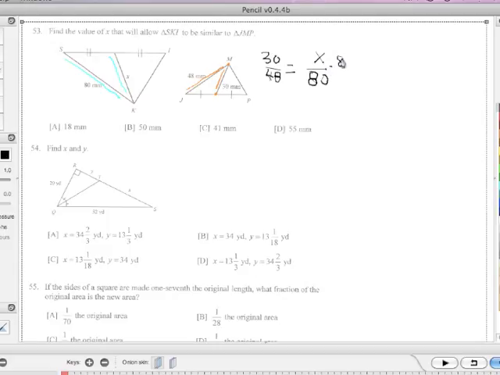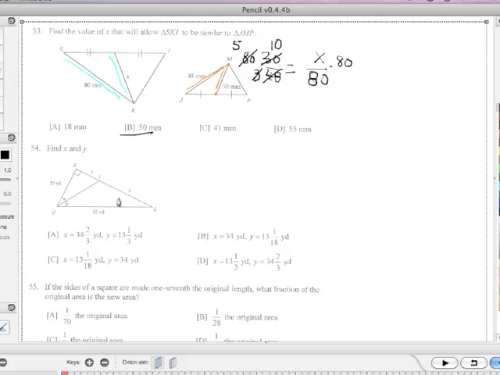Multiply both sides by 80, and we can cancel some things. 80 is divisible by 16, gives us 5. 48 is divisible by 16, gives us 3. 30 is divisible by 3, gives us 10, and that cancels that 3. So x is equal to 5 times 10, 50 millimeters.